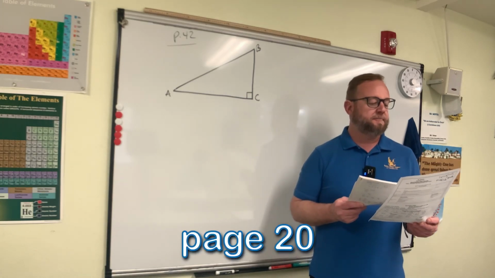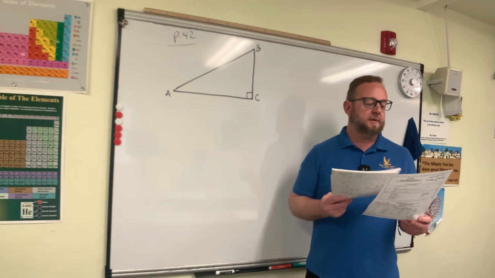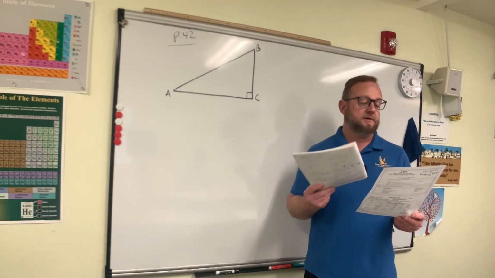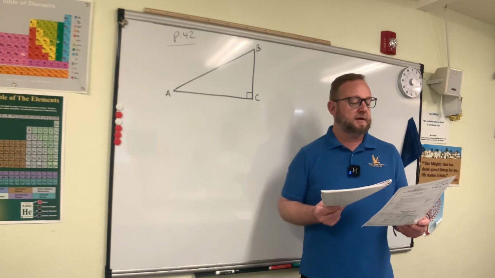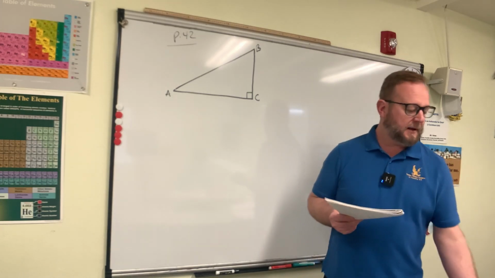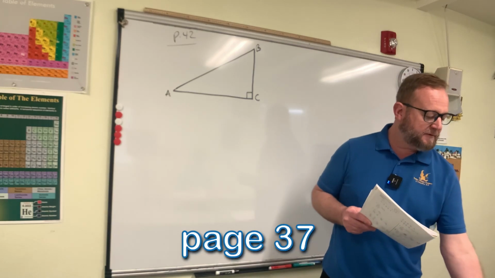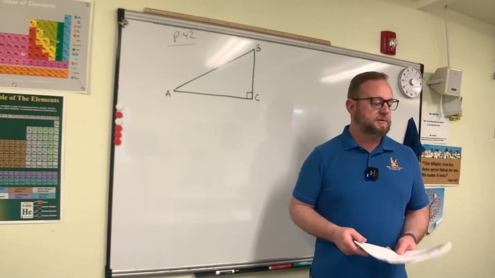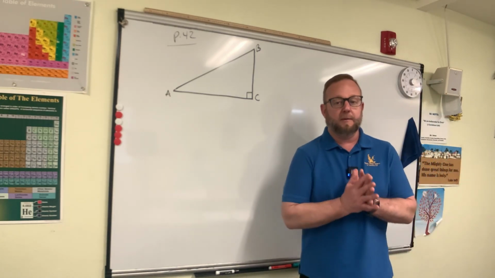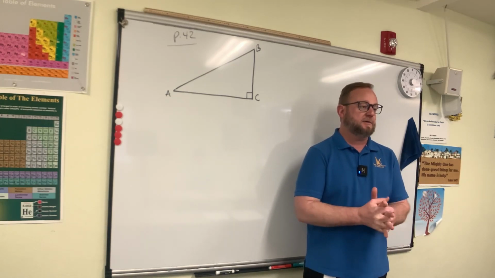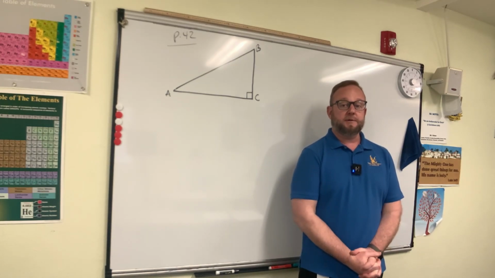That's on page 20. And then the 30-60 right triangle theorem, we just talked about that. And the isosceles right triangle theorem, we just talked about that. And then our trig ratios and our SOHCAHTOA problems on page 37. Be able to use the trig table to look up whatever you need to know, whatever's missing to help you find answers. Any questions about any of that?